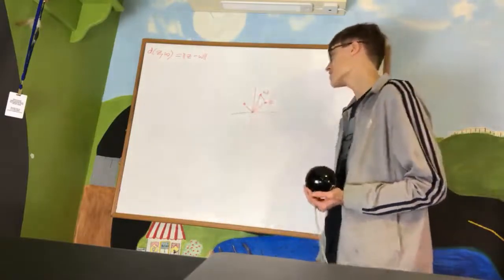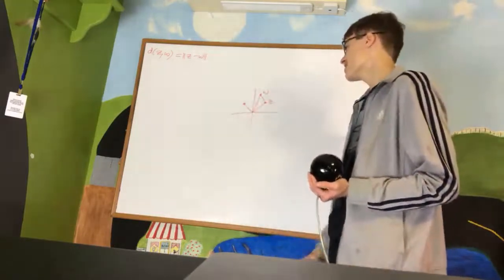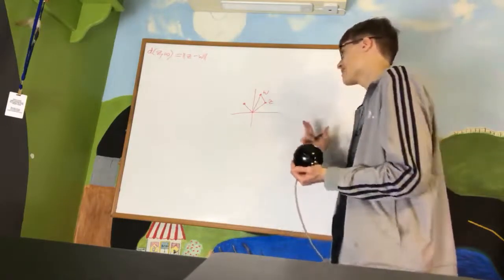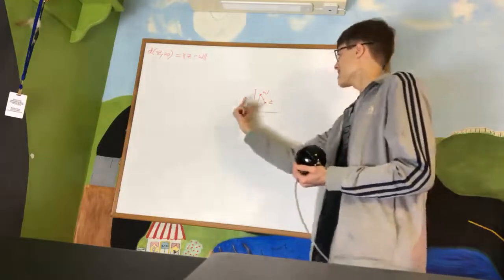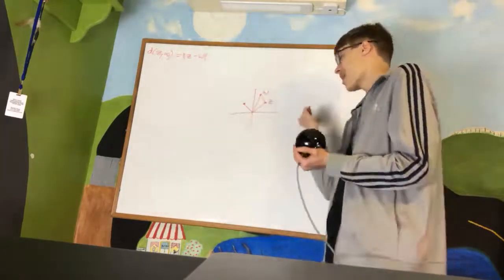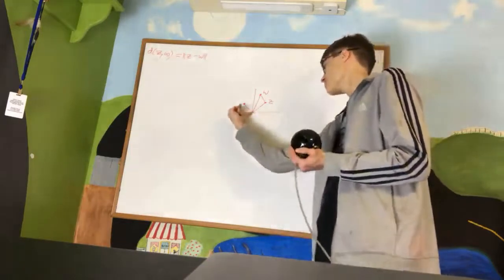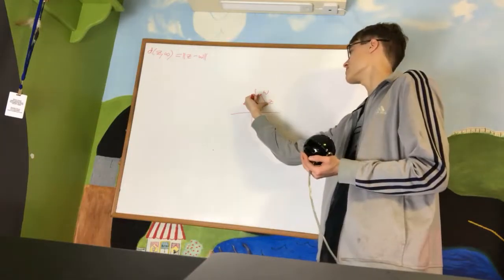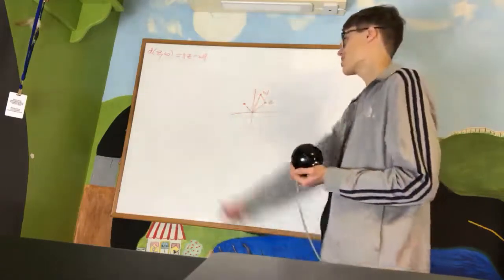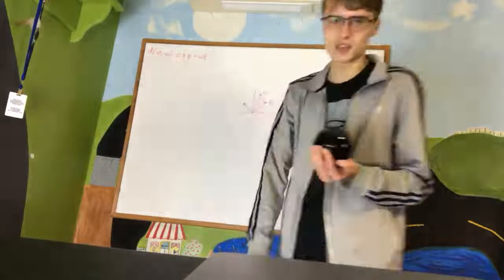And obviously, that right there is going to have the same magnitude. And obviously, that right there is the distance between w and z. And the magnitude of that, by the fact that it's the same size as that, is the distance between w and z. So that makes sense for the distance.